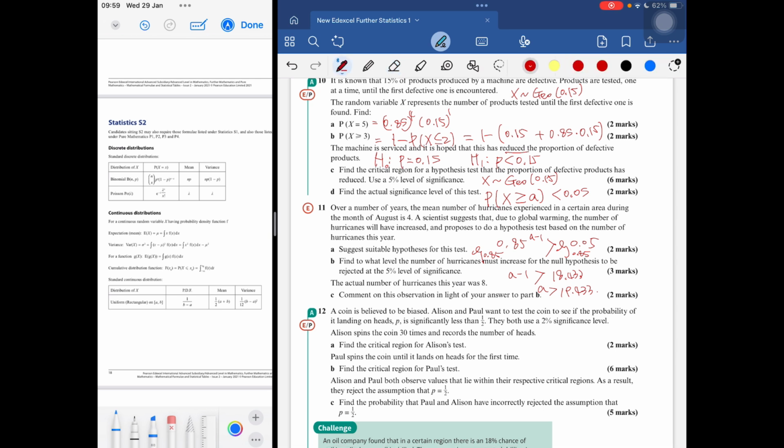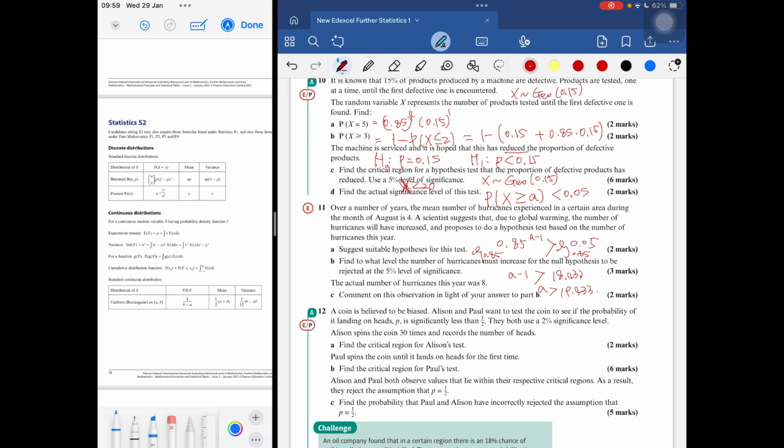So A is larger than or equal to 20. So this is the critical region. No, I mean not A, X. And the actual significance level at this moment.